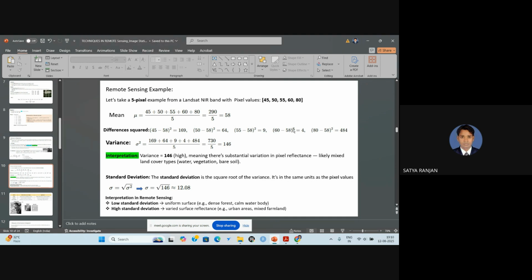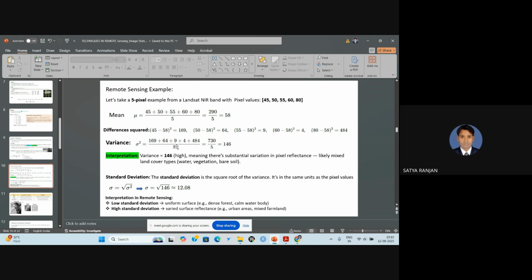Here the square indicates there is no negative value, so squaring is very important. Then 80 minus 58 squared is 484. So the variance, sigma square, is equal to 169 plus 64, 9, 4, 484, then divided by 5, as there are 5 pixels.